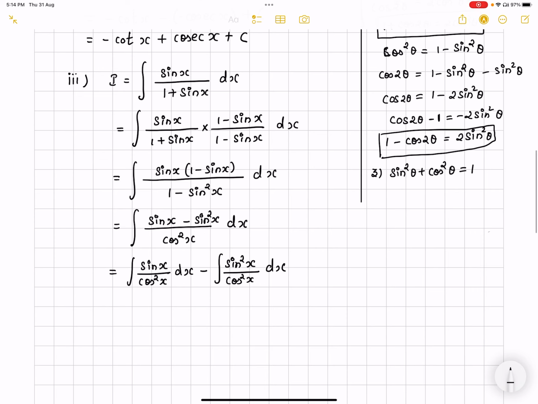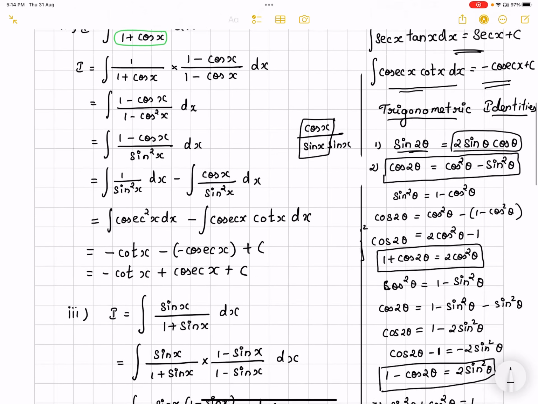So now here, sin x by cos x is going to be tan x, and then 1 by cos is secant x dx. I told you how it works in the previous one, so I'm just writing it directly. Now sin by cos is tan, but we have sin square by cos square, which is going to be integral tan square x dx. Now again, one more trouble.